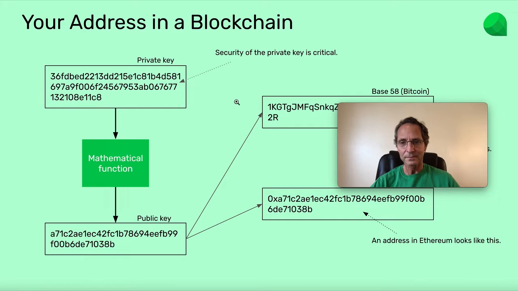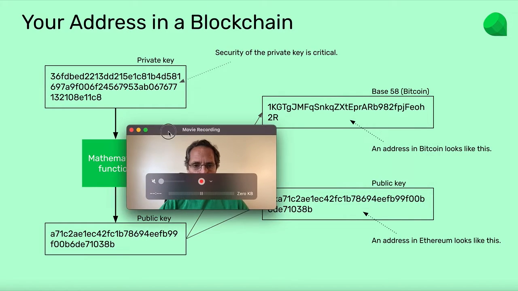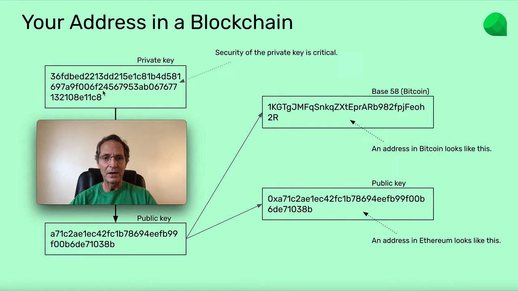In general, the standard way of calling public keys are accounts or addresses, but most commonly people use the term address. So here you can see out of the same private key and public key, the addresses on blockchains actually look a little bit different, but they're the same number, just modified by a further calculation. In the case of Bitcoin, it's turned into base 58, which you can Google. It is a way of transforming the number to the same number, but it's expressed in a different base.